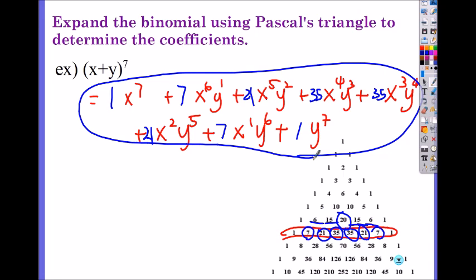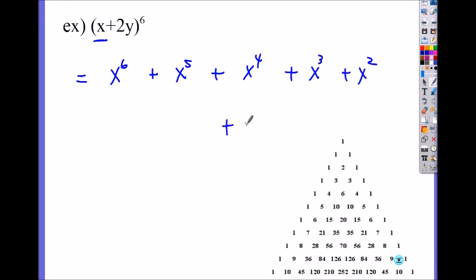Okay? Let's do one more. See, now it's not just x and y, they have 2y, but you do the same thing. So for the first term, you start from 6, 5, 4, 3, 2, 1, and x to the 0.